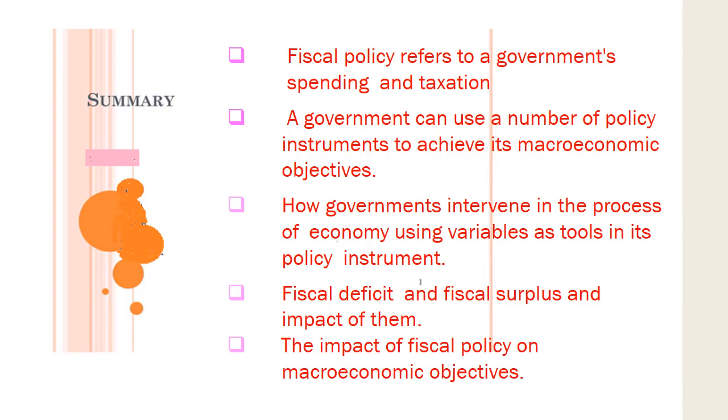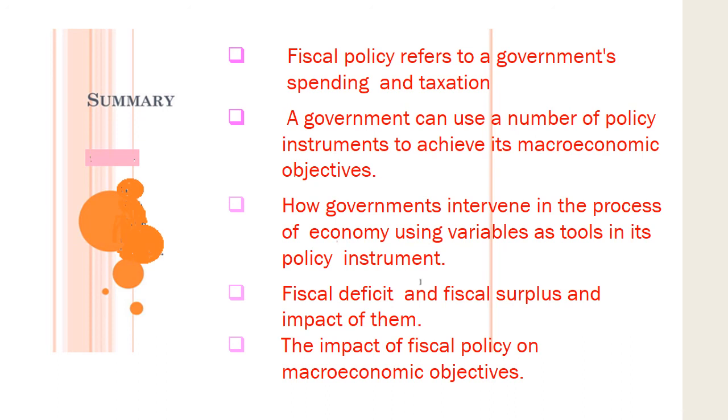Children, now we have come to the end of the lesson. As a summary, fiscal policy refers to a government's spending and taxation. And a government can use a number of policy instruments to achieve its macroeconomic objectives. And also we learned how the government intervenes in the process of the economy using variables as tools in the policy instrument.